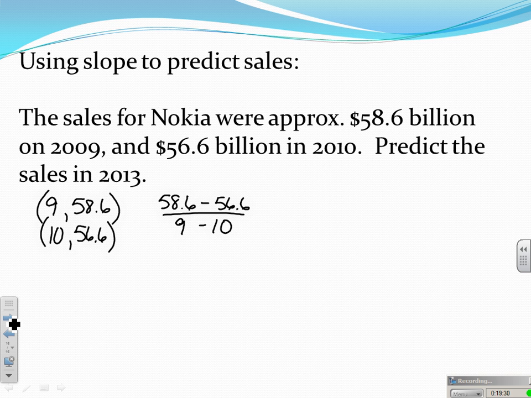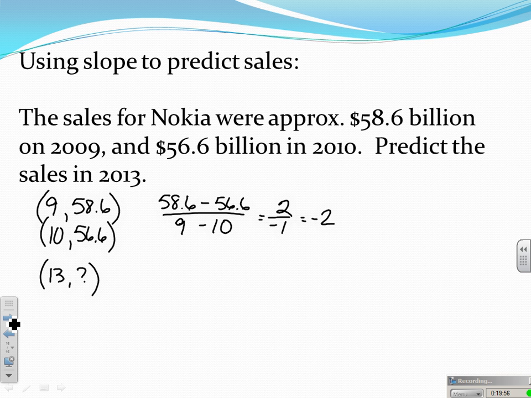So I end up with 2 over -1, or -2. Now, if I'm going to predict this for the year 2013, I want to know what's going to happen when my X value is 13.